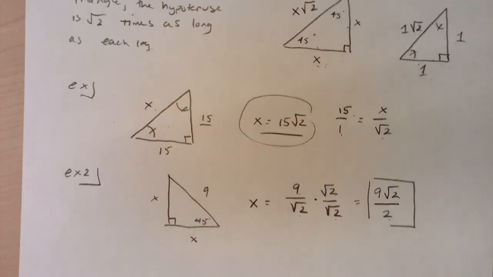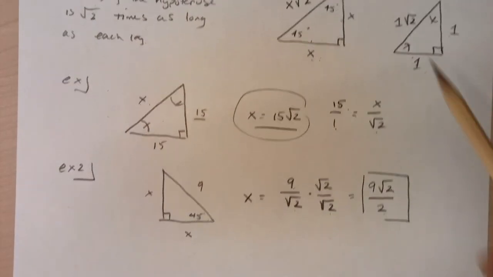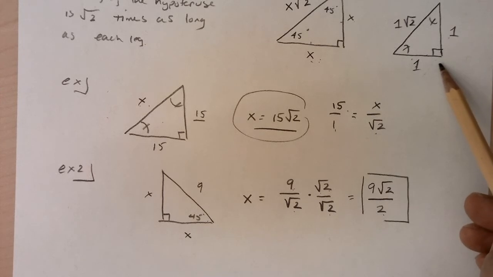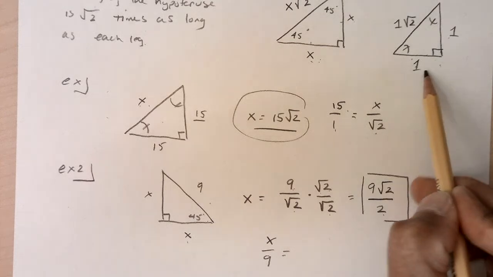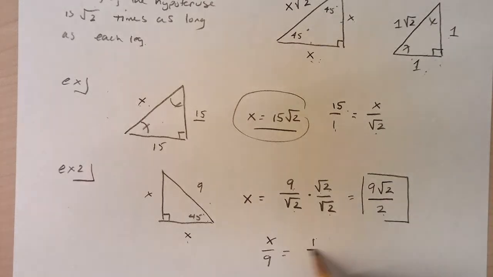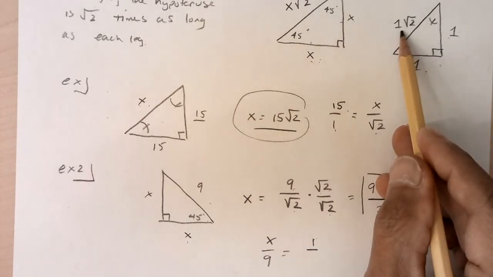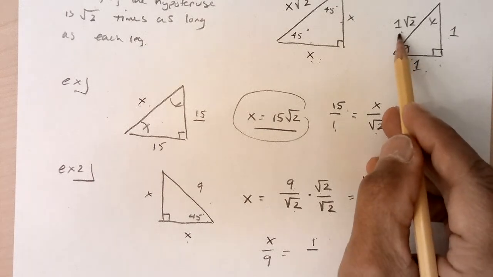And then another way to be able to find it is I could use what I refer to as the baseline triangle. I could set up a proportion, x over 9. You could also set up 9 over x. It actually doesn't matter. x over 9. If I set it up like that, then what corresponds with x is 1. And then what corresponds with 9 is, I wrote up here, 1 times the square root of 2.